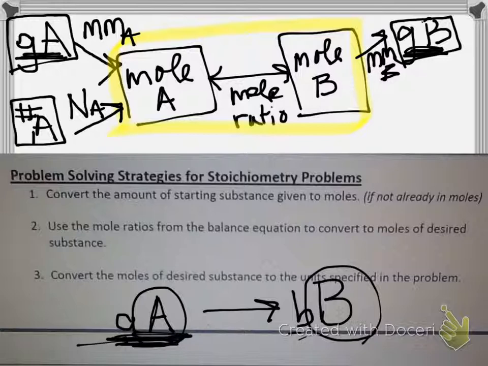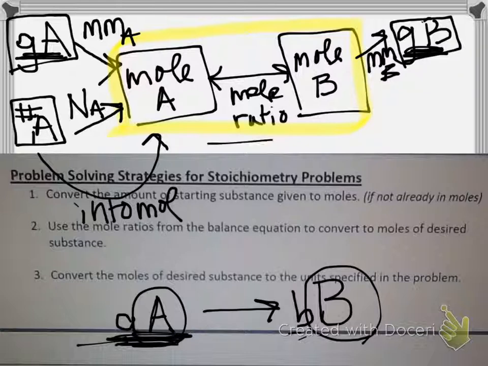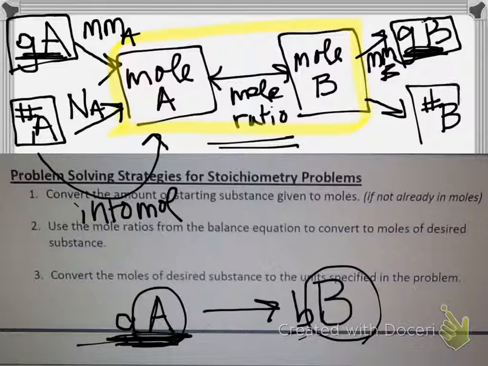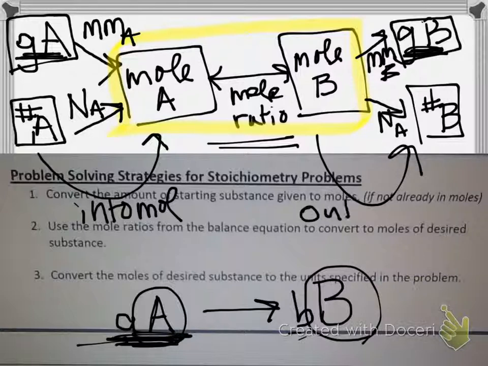So if I'm given a quantity that's not a mole, I must first convert it into the mole before I can do my mole to mole. And if I'm asked to calculate a quantity that's not moles of the product, maybe it's either grams of B or the number of molecules of B, then I have to convert out of the mole. And the way I convert out of the mole would be using either my molar mass or my Avogadro's number.